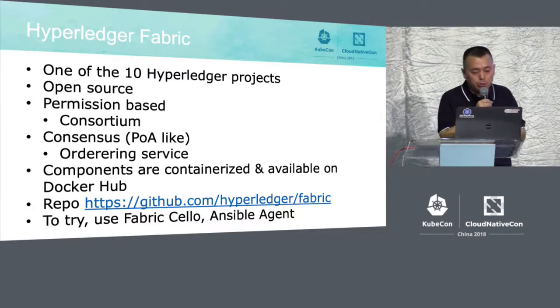So I'm responsible for the Ansible agent that allows you to provision virtual machines from, let's say, AWS or OpenStack Cloud or some other cloud. Provision virtual machines first and then deploy Kubernetes onto those nodes, then eventually put Fabric onto the Kubernetes cluster.